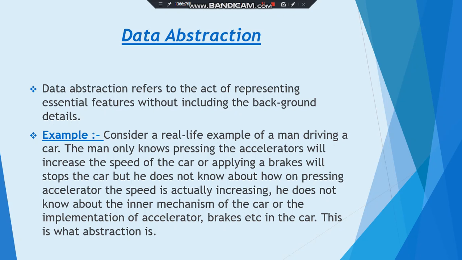The man only knows that pressing the accelerator will increase the speed of the car or applying the brakes will stop the car. But he does not know how on pressing the accelerator the speed is actually increasing. He does not know about the inner mechanism of the car or the implementation of the accelerator, brakes, etc. in the car. This is what abstraction is.